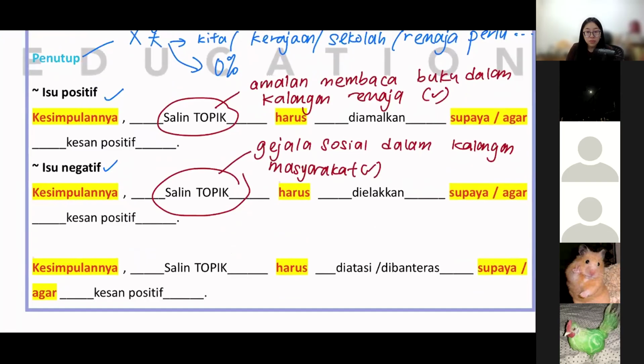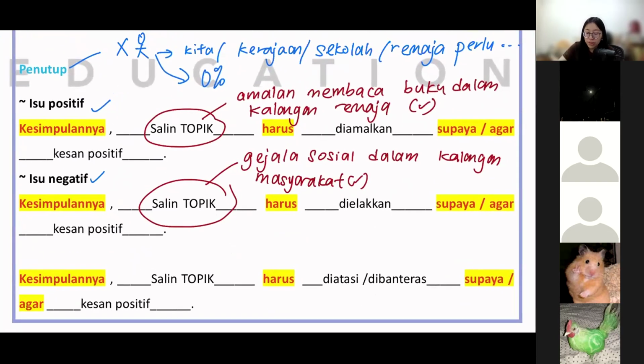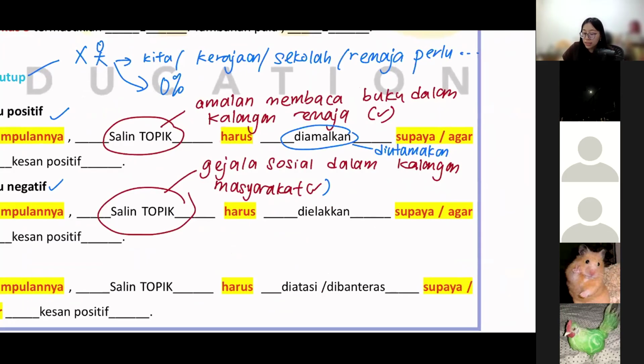Now, so for example, good things have to be practiced. So diamalkan, practice mah. But you also can put, like, I change another pen. Okay, it's not just diamalkan, okay? There can be diutamakan, focus it, or you want to put dititik beratkan also can.